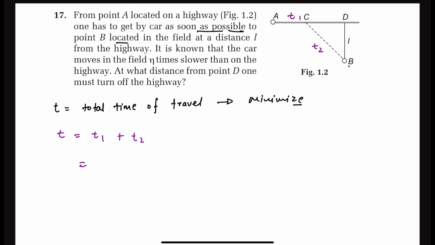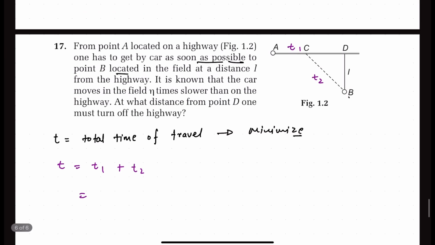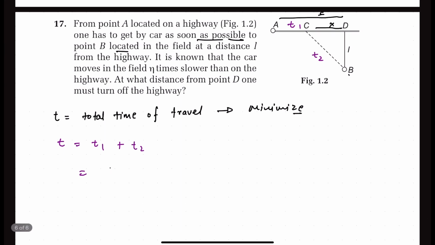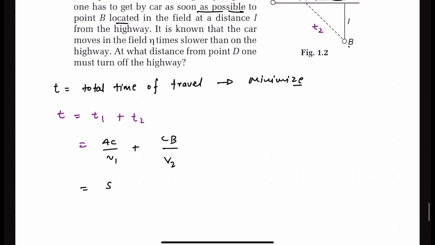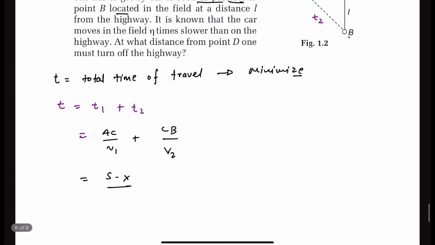Let's suppose the total distance is S and this distance is X. Then T1 is AC divided by velocity V1, plus T2, which is CB divided by velocity V2. AC is S minus X, and V1 is the velocity on the highway. Let's suppose that velocity is V.